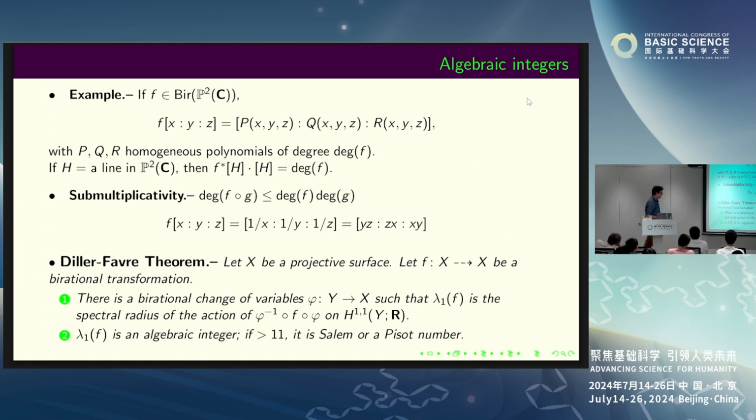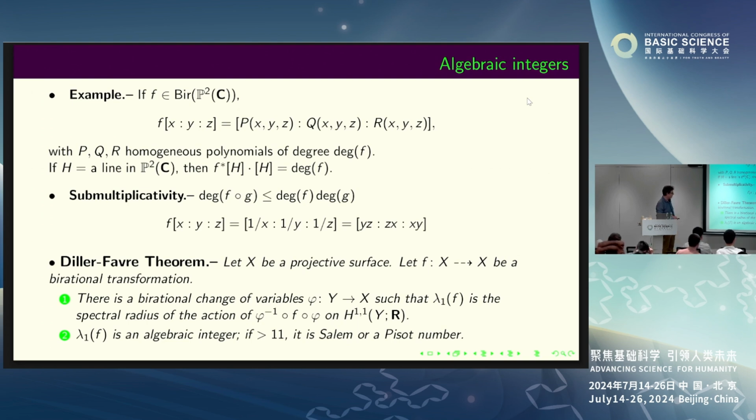But the first theorem in this subject is the fact that if you start with any projective surface X and any birational transformation f of this surface, then you can make a birational change of variables. You can do a modification of your surface just by blowing up points in your surface.